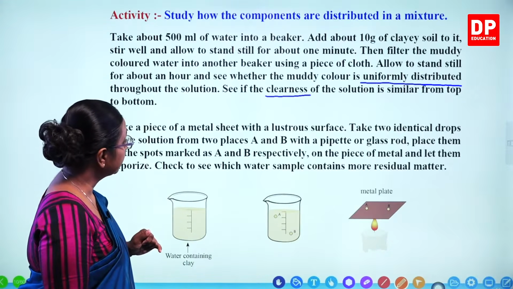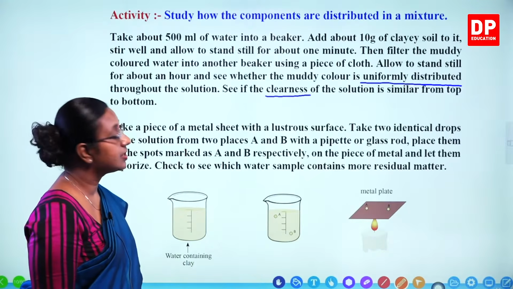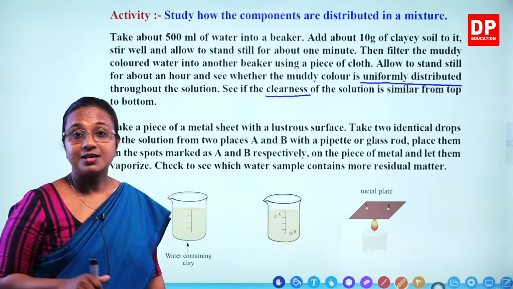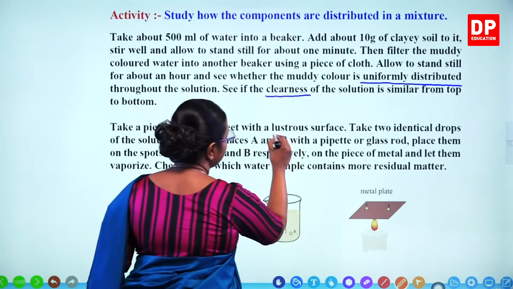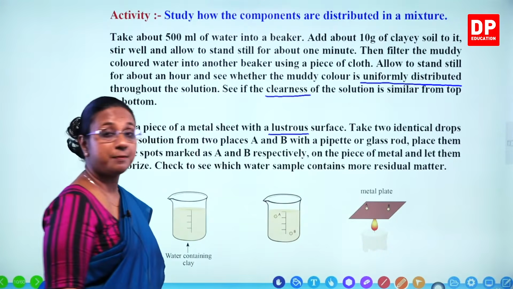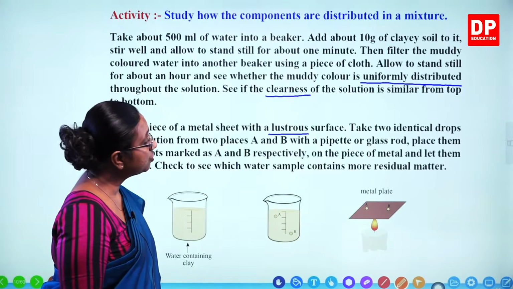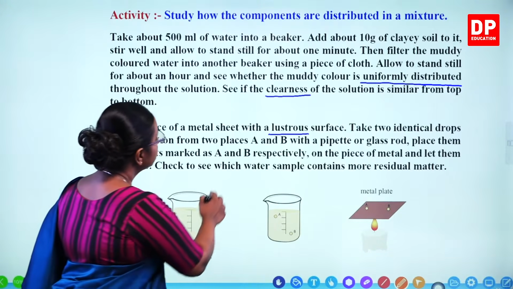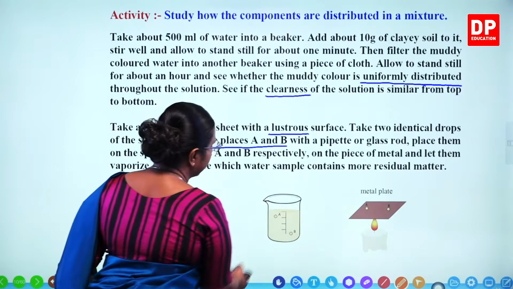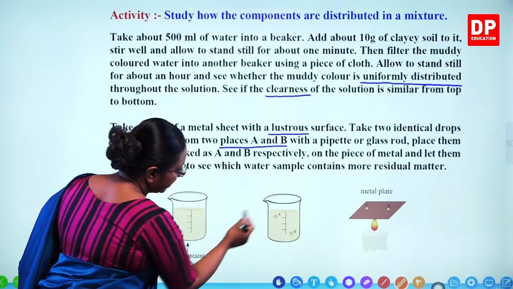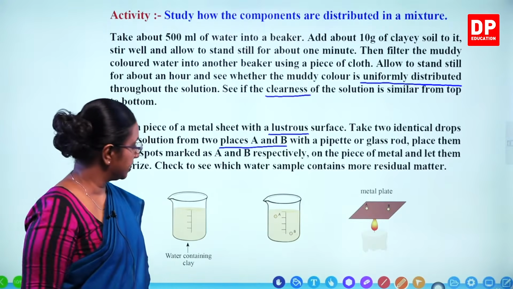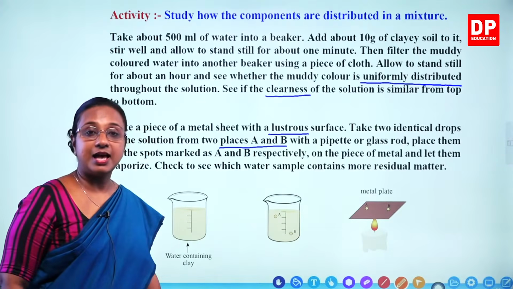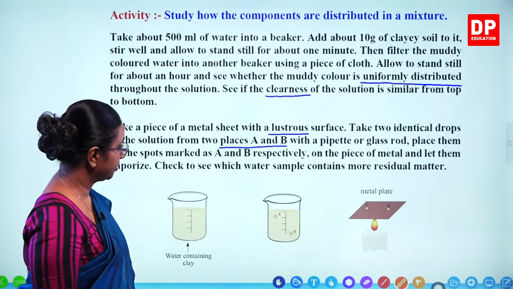Take a piece of a metal sheet with a lustrous surface. You know what luster is, the shiny nature of metals. Take 2 identical drops of the solution from 2 places A and B. Here you can see A is the top of the solution and B is at the bottom of the solution.